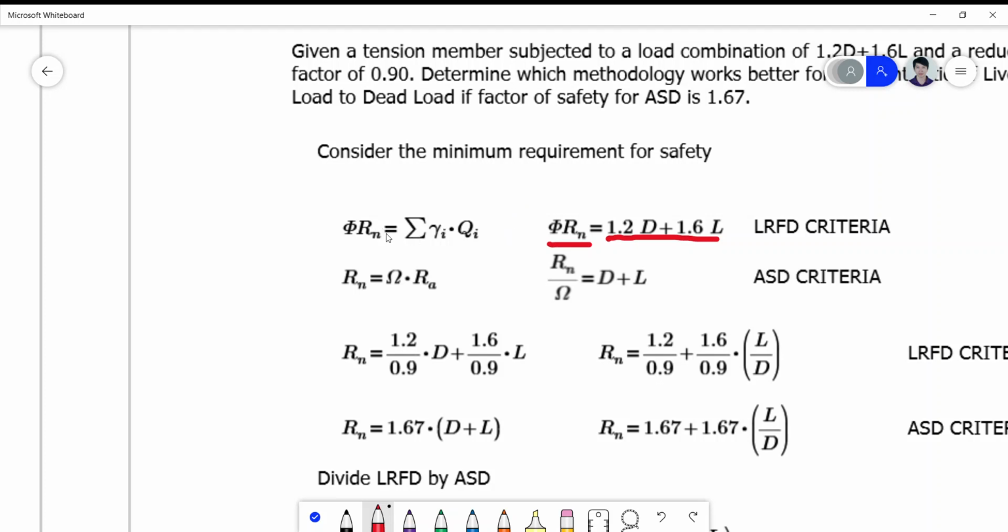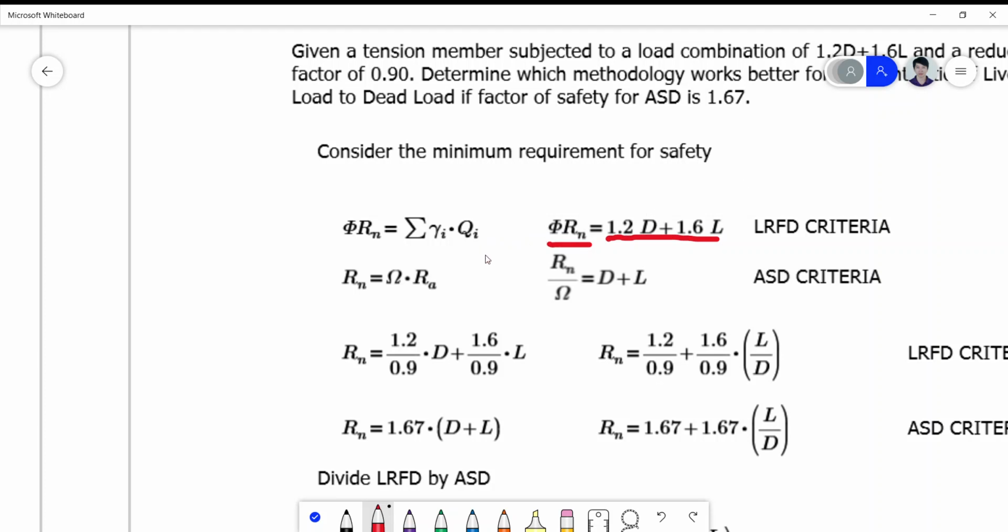Okay, phi Rn is equal to the summation of gamma i qi. The gamma i's are 1.2 and 1.6, and the qi's are the dead and the live. Okay, the value of the dead and the live. Of course, the i's there are simply the two load types, which is the dead load and the live load.